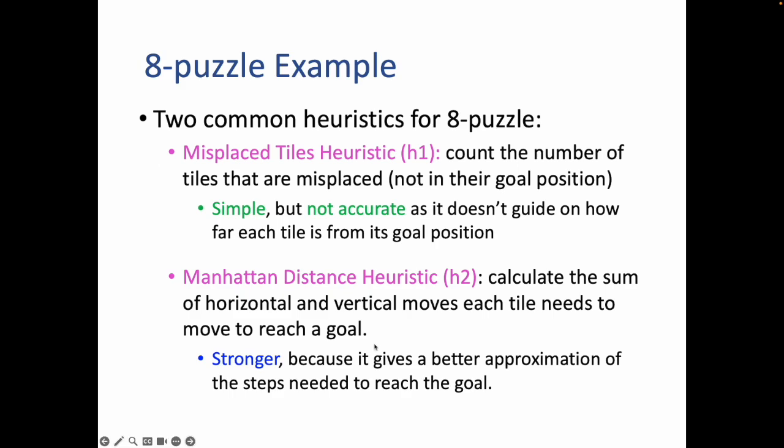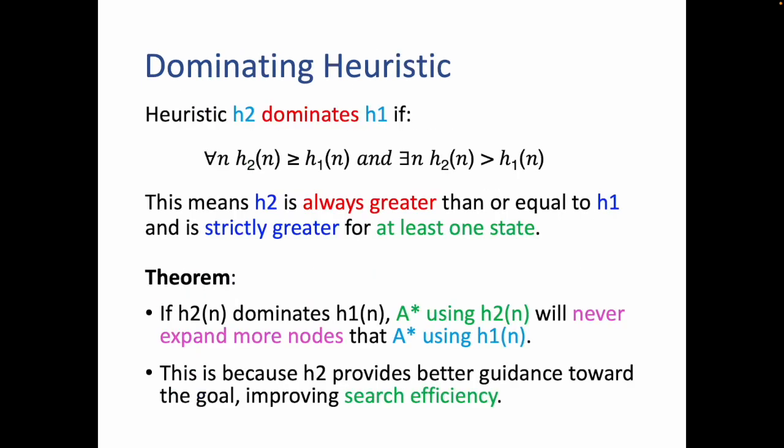And then we also discussed Manhattan distance. What I just explained, in this case, is that you consider the sum of the horizontal and vertical moves, right? Before I review the example, reviewing a dominating heuristic, I also explained that if you have 2 or more heuristics, how do you decide which one is the dominating one?